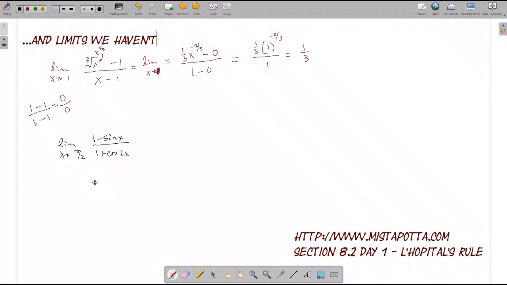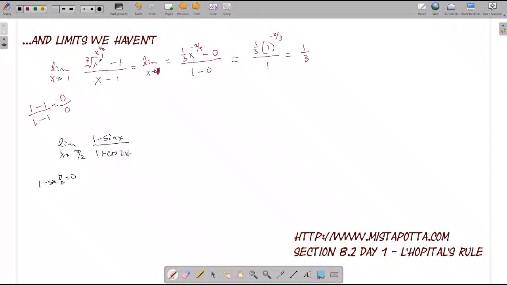And I'm looking at this. When I substitute pi over 2 into this, I'm going to end up with sine of pi over 2, which is 1. So this gives me 1 minus the sine of pi over 2, which is 0.